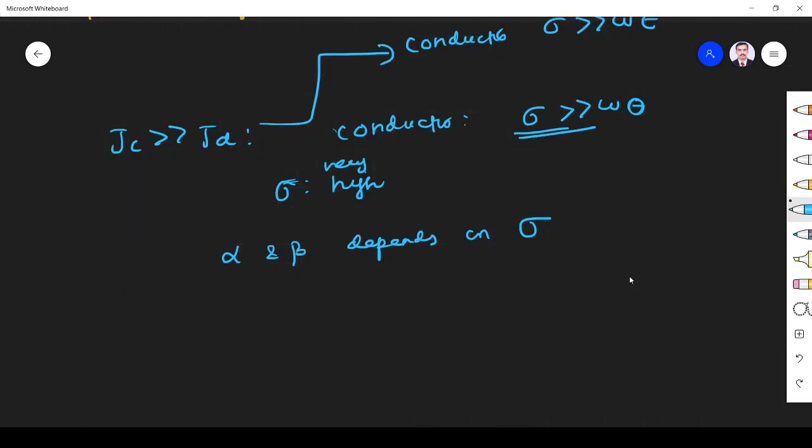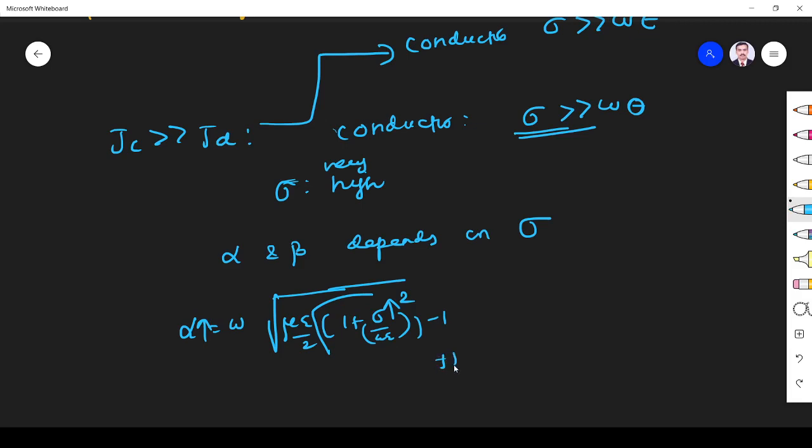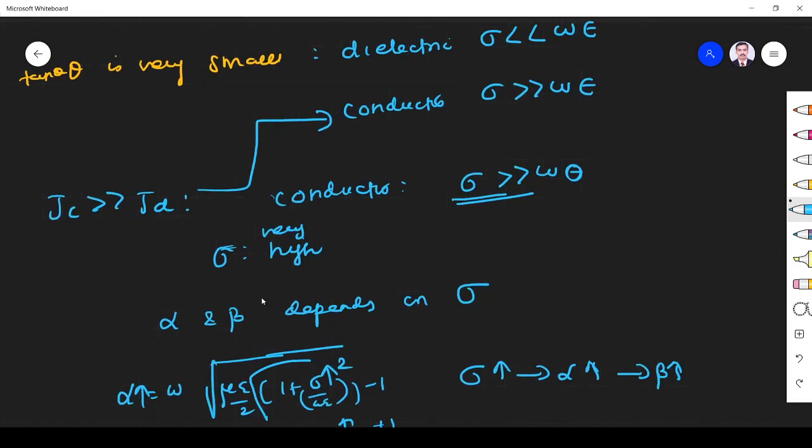We remember the formula for alpha: alpha is equal to omega times the square root of mu epsilon by 2 into the square root of 1 plus sigma by omega epsilon squared minus 1. So when sigma increases, alpha increases. Similarly, beta has a plus 1, so when sigma increases, beta increases. So when sigma increases, the attenuation constant increases and the phase constant also increases. That is the main thing we have to remember.